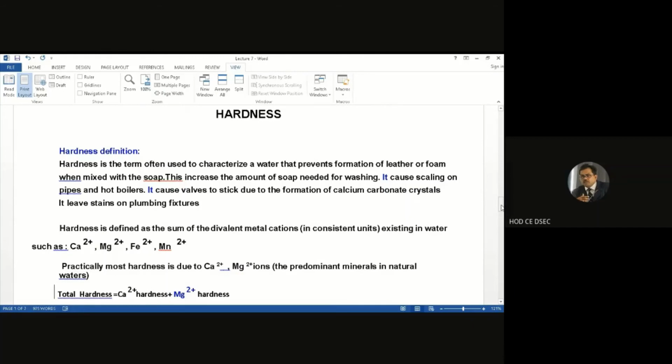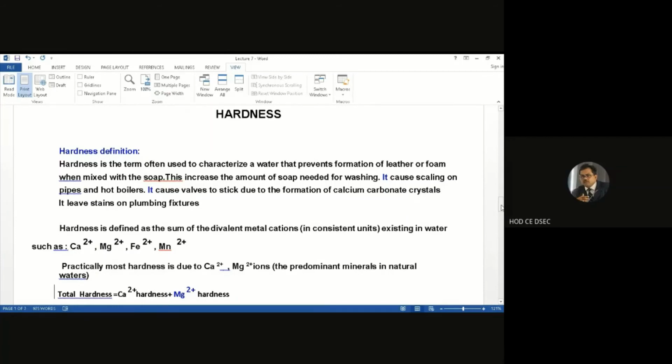If water is hard, it will definitely be very detrimental to the boiler, damaging the mechanical system by scaling formation. So you have to take care that the hardness of water you are using in boilers and pipes is within the permissible and allowable limit, which we will discuss very soon. It causes valves to stick due to the formation of calcium carbonate crystals. It leaves stains on plumbing fixtures.